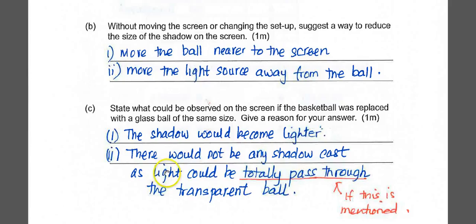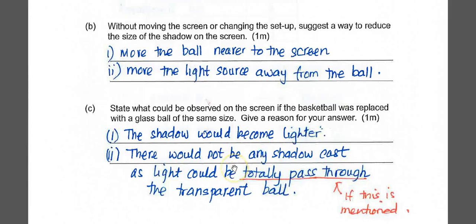As all light totally passes through this transparent ball, therefore there should not be any shadow. This is not a very good answer. However, if any of you did that because you stated the word transparent and the light is able to pass through totally, then it should prove that the shadow should not even exist.